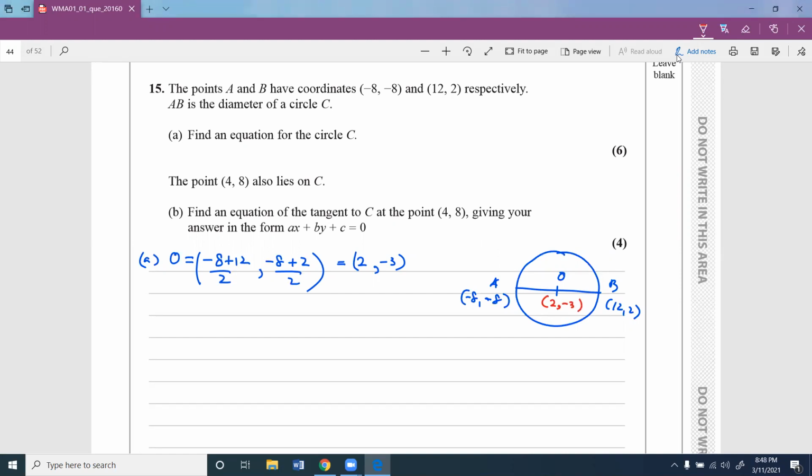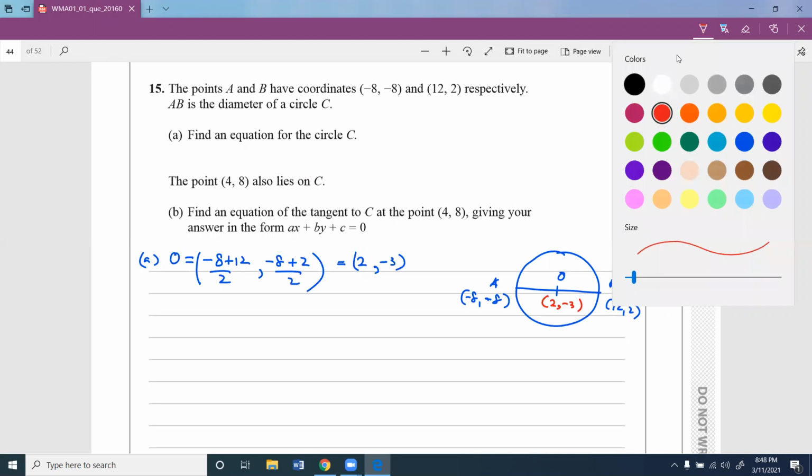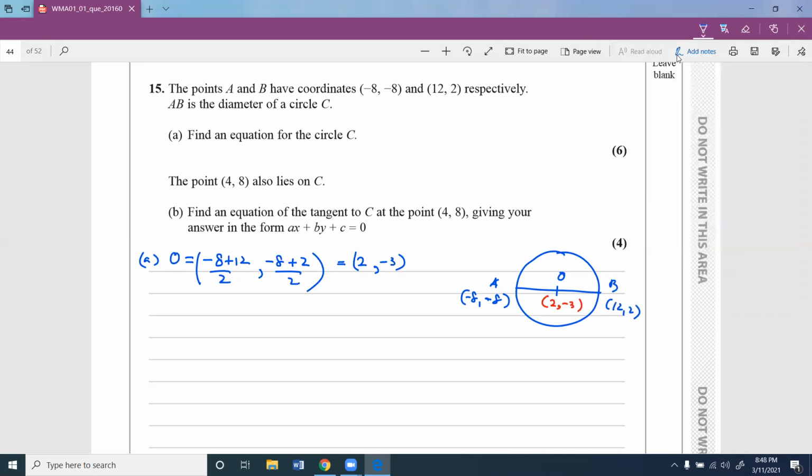What else do we need to do? We need to find the radius. You can find the radius by finding the length AB and dividing by 2, or just take the length of OA as the radius. Whatever, it doesn't make a difference.